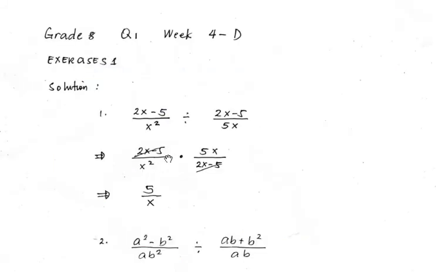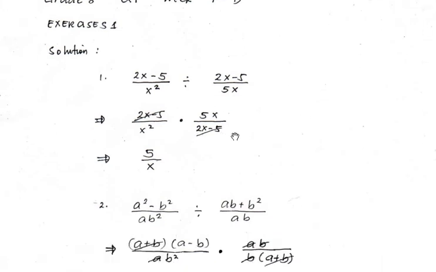Solution. We have here, I just copied the expression, then copy the numerator of the rational algebraic expression, then just annex the operation multiplication and the reciprocal of the divisor. In this case, 2x minus 5 all over 5x will become 5x all over 2x minus 5.